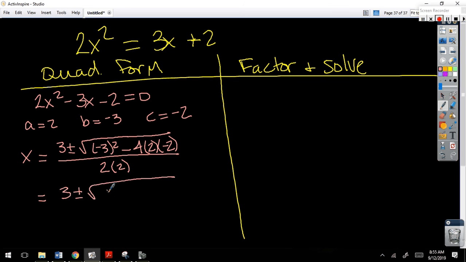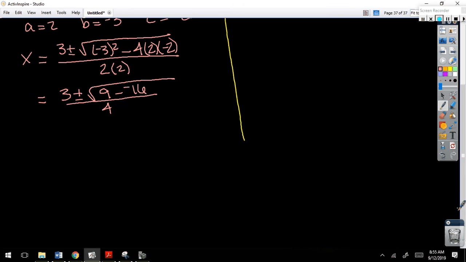All right, 3 squared is 9 minus 4 times 2 times 2. 16. Olivia, you look really, really tired. I'm almost done, I promise. What is 9 minus negative 16? Why is that convenient? So I'm going to split this up now since it's a perfect square, right? It's 5.